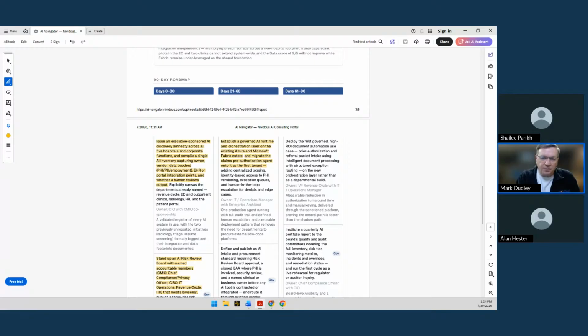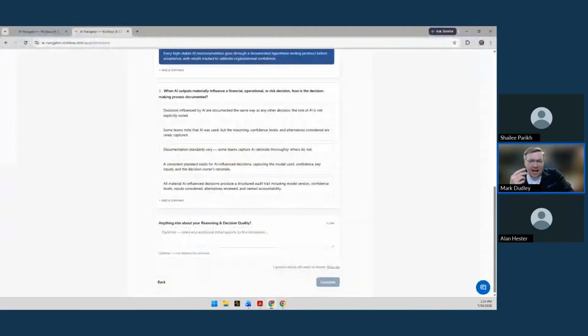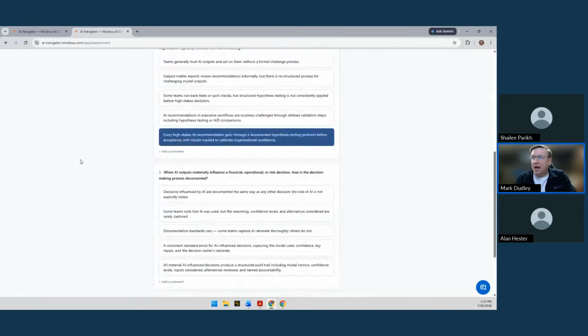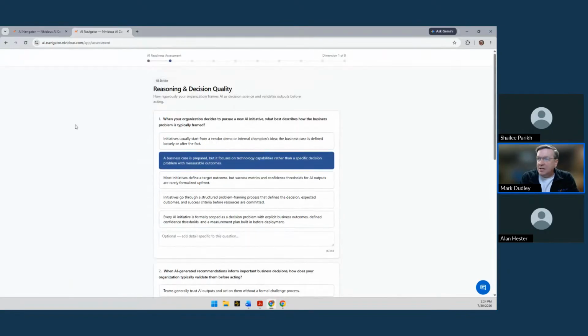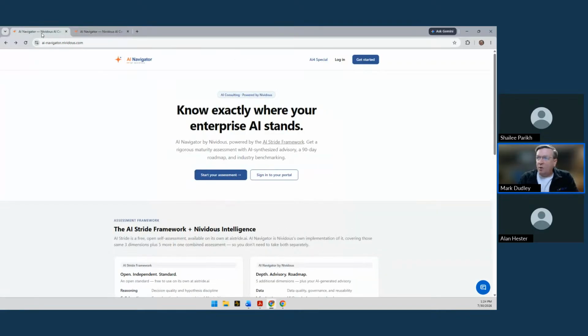Now, the last thing I really want to emphasize is the AI Navigator is an excellent tool for a snapshot of where your company is or where your department is in terms of AI maturity. Another one of its strengths is, as you're working with the Navigator, you can continually come back to it and make sure that you are moving in the right direction.